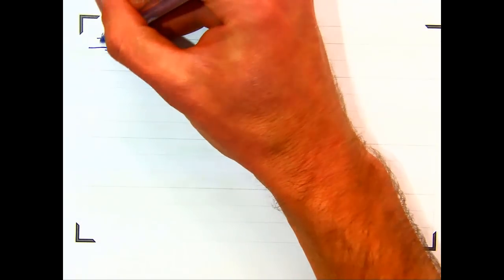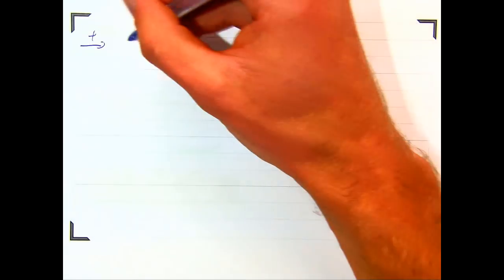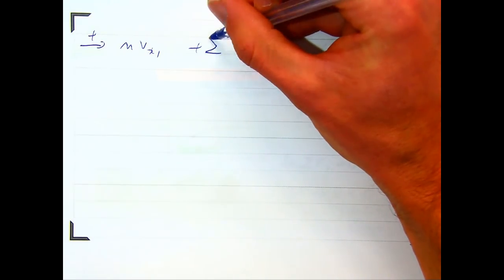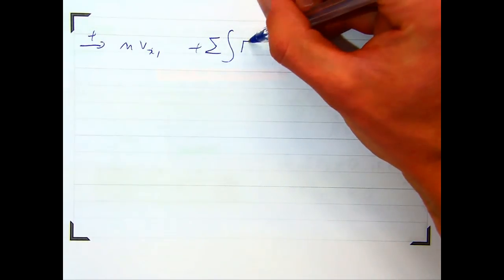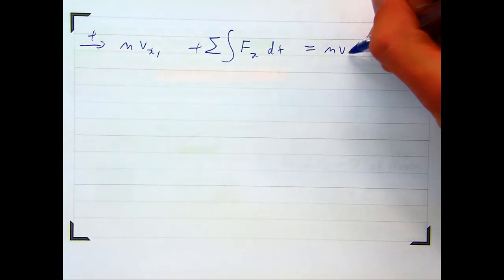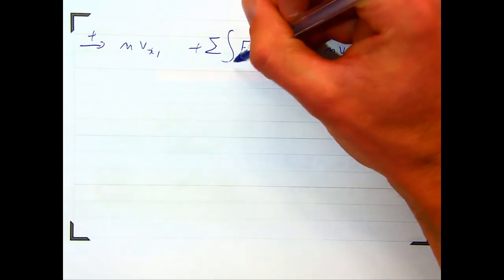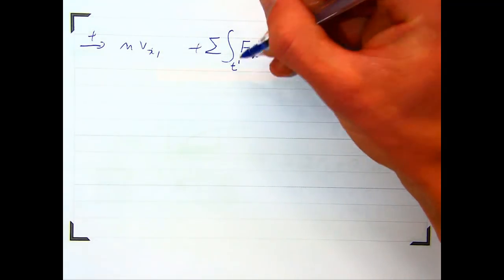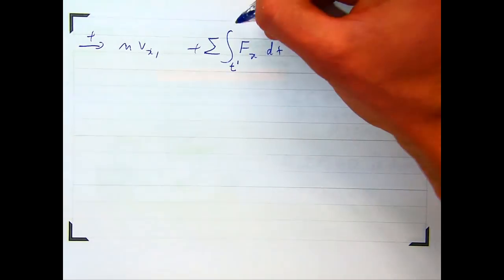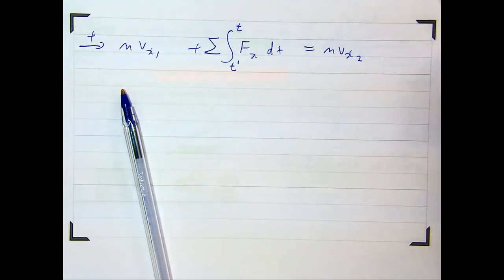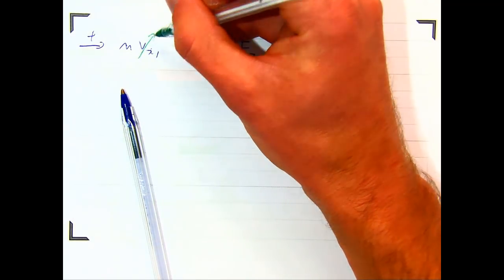We take to the right as positive, and then it becomes mvx1 plus the sum of the integral of the forces in the x direction is equal to the final momentum in the x direction. And now here we have to integrate from the point in time where the crate starts moving to the final time. And initially the crate was at rest, so that the momentum in the beginning is 0.